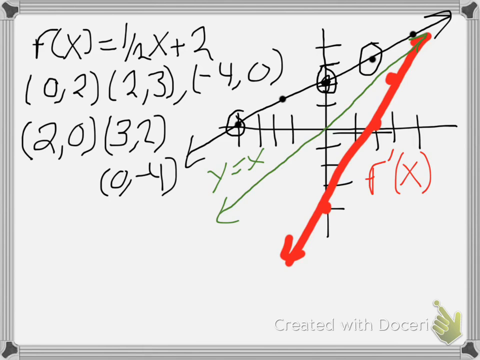Now, in order for a function to have an inverse, there's a couple things that must happen. First off, it must be 1 to 1. In order for it to be 1 to 1, it has to pass the vertical line test and the horizontal line test.